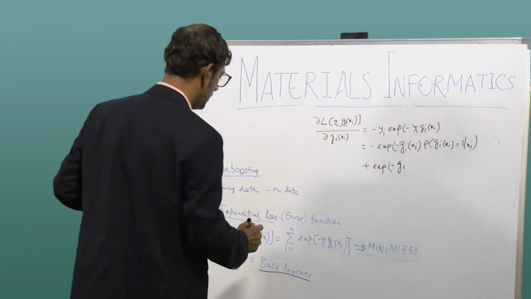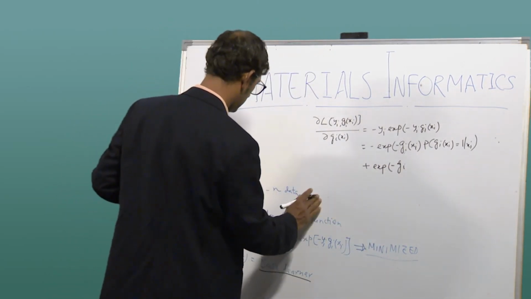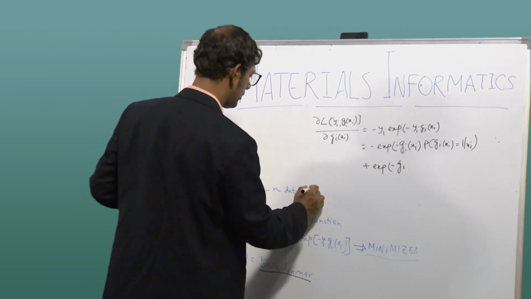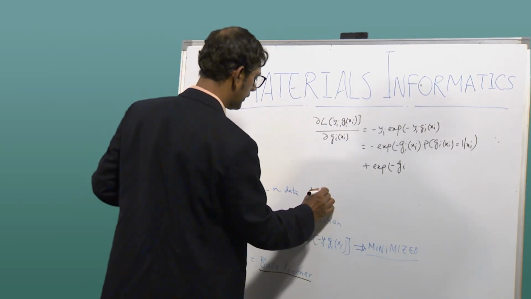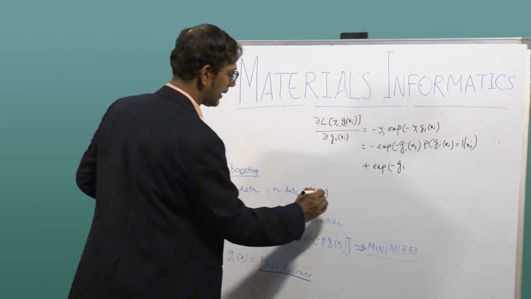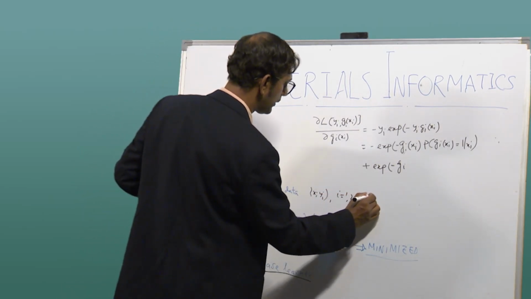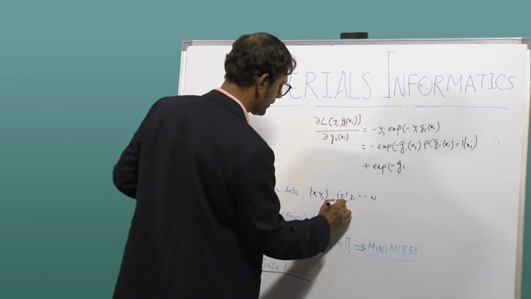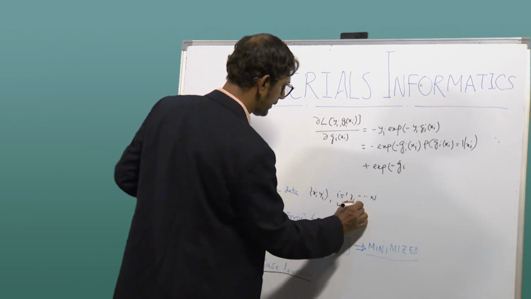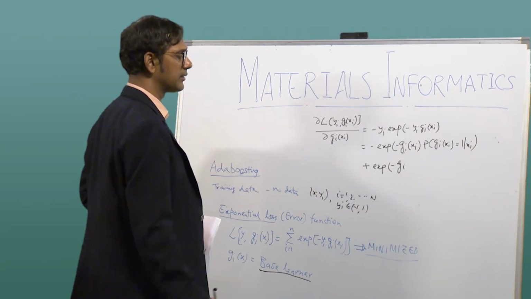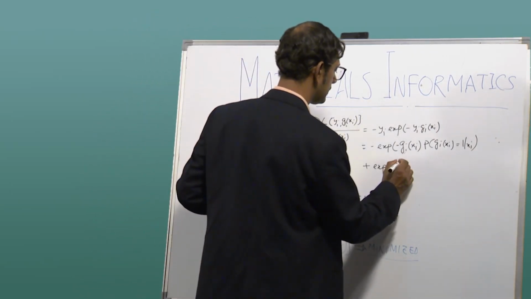Remember I told you that the data was xi, yi, and i goes from 1 to n. yi can have the value plus 1 or minus 1, so I am using that.